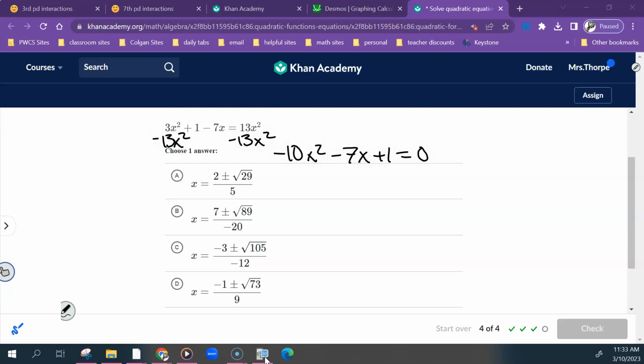You would still have to label, and then still have to do the formula. So x equals a negative negative would become a positive.